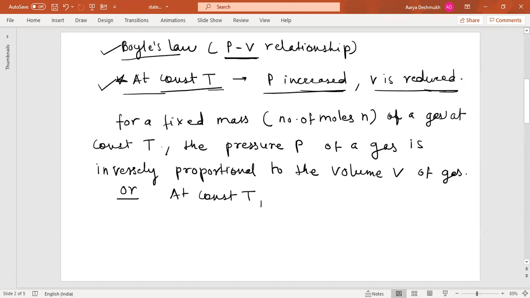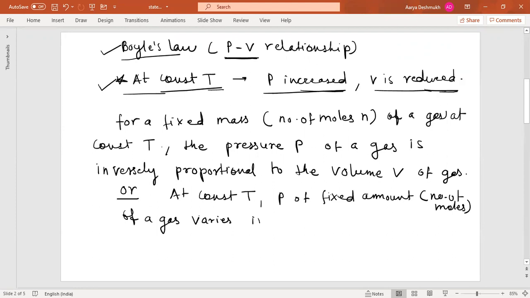At constant temperature, pressure of gas, or pressure of a fixed amount, when you say fixed amount, it is always related to the number of moles, pressure of a fixed amount of a gas varies, means changes, varies inversely with its volume.